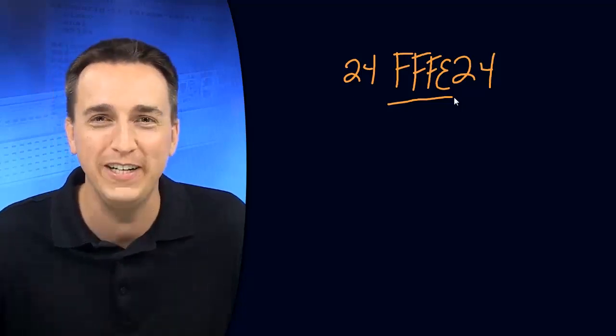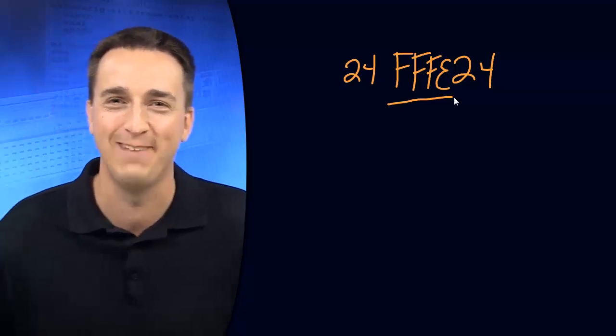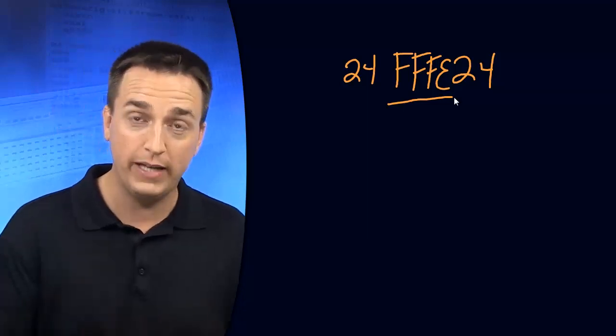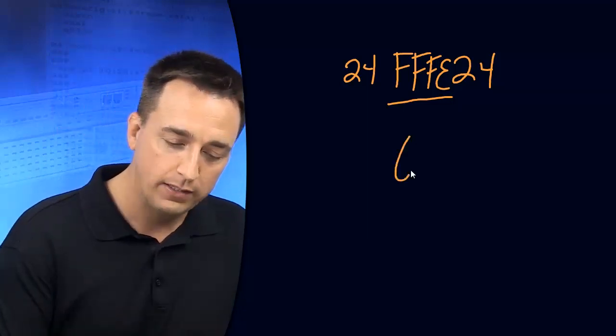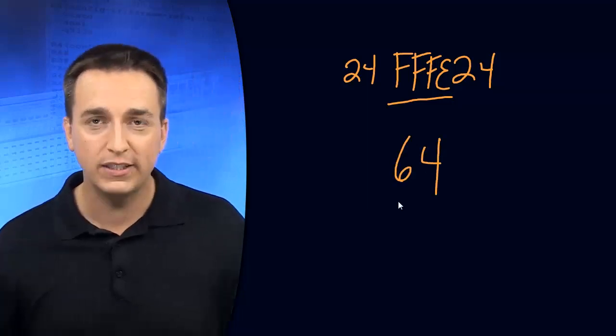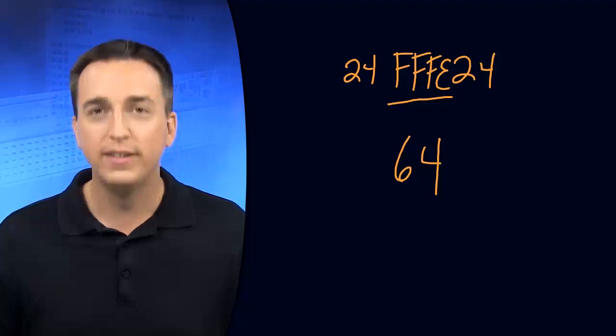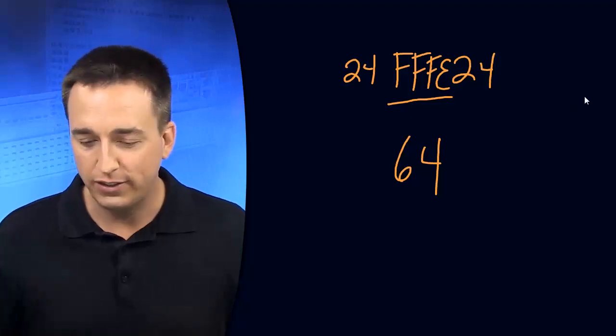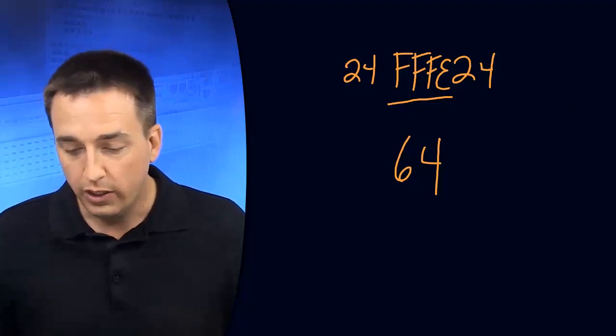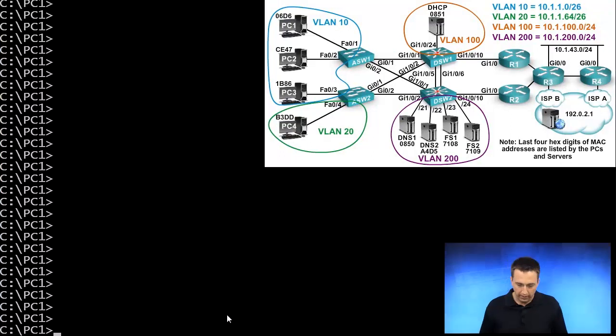That's right. Fill the field with fluff every time. So we now have a total of 64 bits representing the interface portion of that IPv6 address using EUI-64. So let's go out to our router here, and the router we want to take a look at is DSW1 in this case.